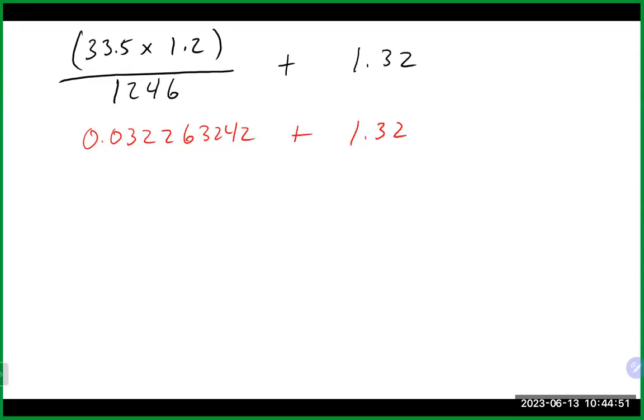We add 1.32 to it. We end up with 1.352263242, I think. All right. So we obviously don't want to give that answer, and you should not do that, by the way. If you find yourself giving sig figs and you're wrapping around the page with how many there are, and I've seen it done before on exams and quizzes, you should not be doing that.